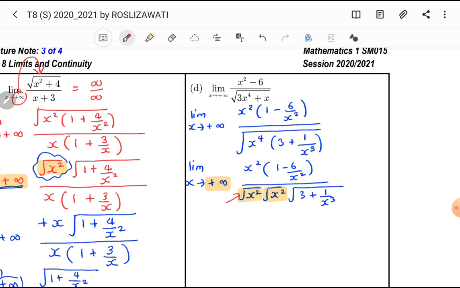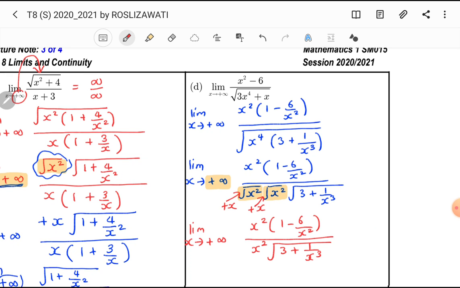So, sini positive x dan yang belakang pun positive x. So, dia akan jadi limit x approaches positive infinity, x squared times 1 minus 6 over x squared divide by x times x. Akan dapat x squared and then square root of 3 plus 1 over x cubed.